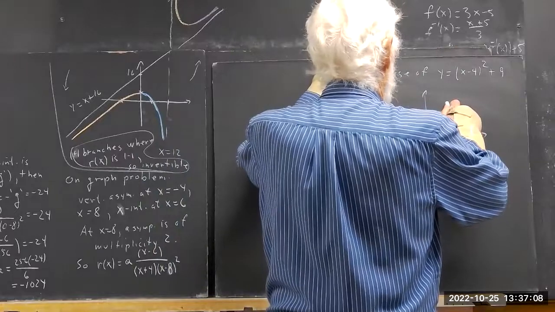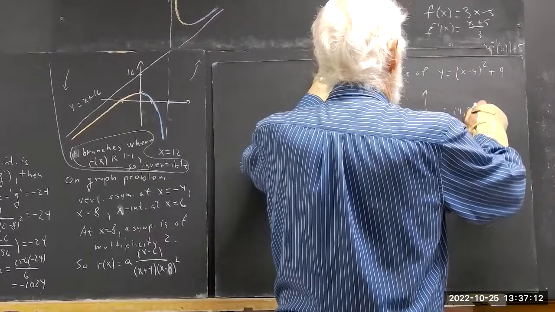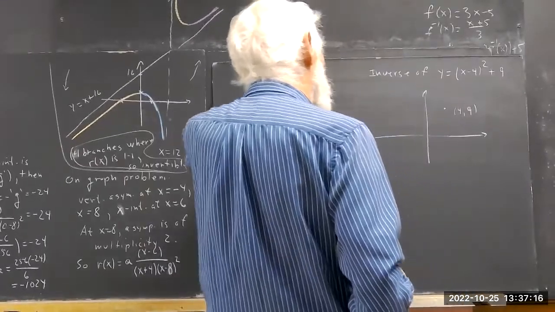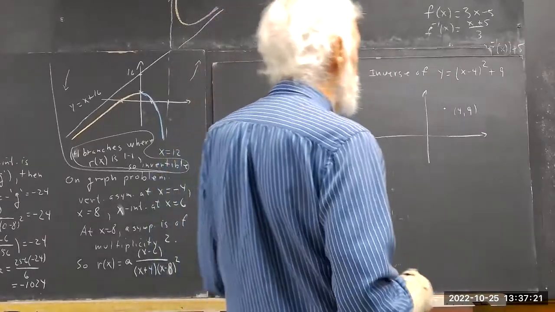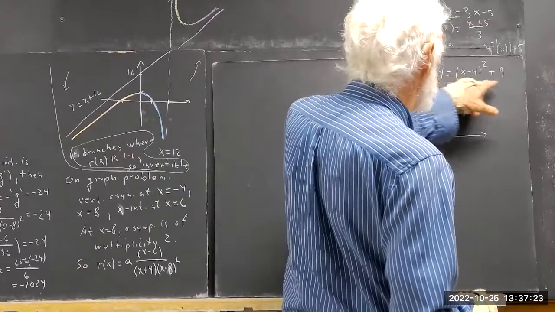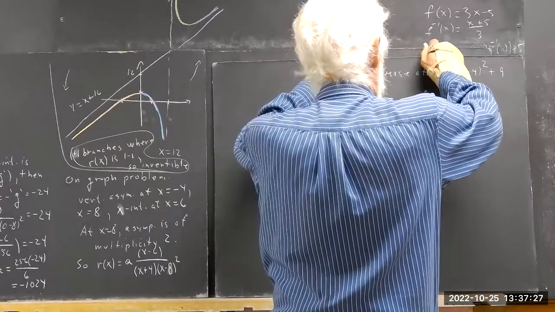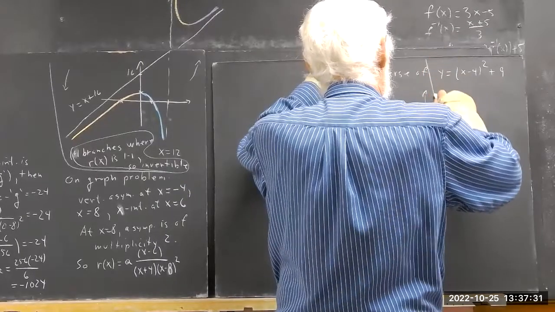So we have a vertex at 4, 9. The y-intercept is going to be fairly high. 0 minus 4 squared is 16, plus 9 gives us 25. So the y-intercept is going to be up here someplace. But the graph is going to go with something like this.